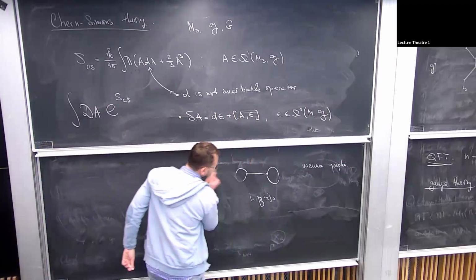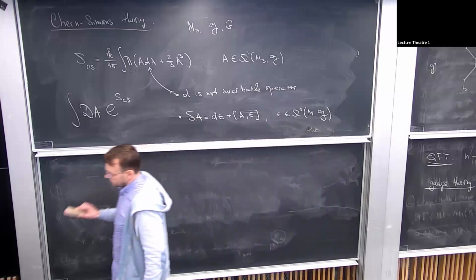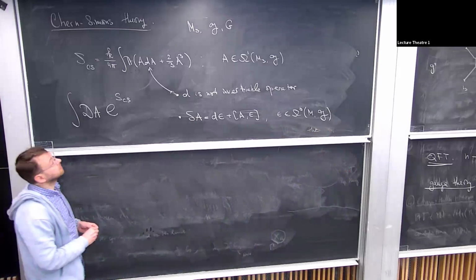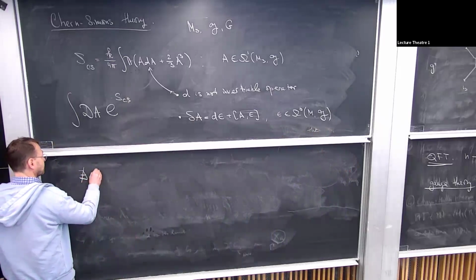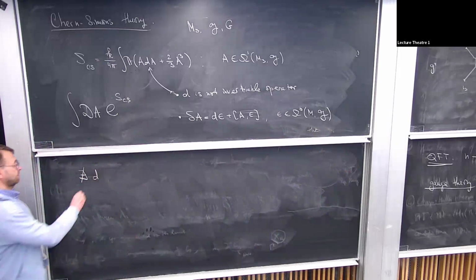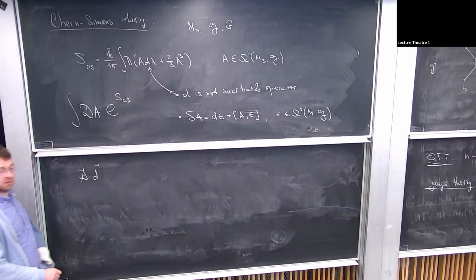You cannot invert the de Rham differential on differential forms, but you can invert it on a certain subspace. So D does not have an inverse, so we know that we cannot invert D. Inverse doesn't make sense on differential forms because it has a huge kernel.